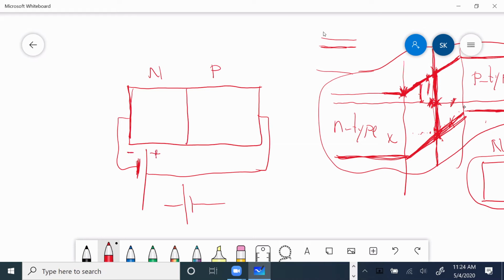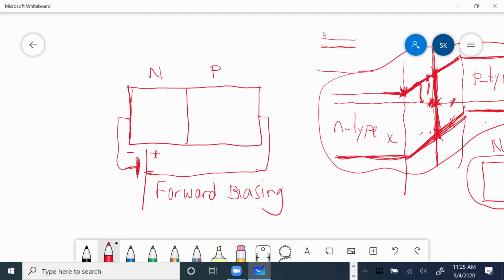Initially, I would like to connect the negative pole of the battery to n-type and the positive pole to p-type. This way of connection is called forward biasing. So I'm connecting n-type to n-type, p-type to p-type.